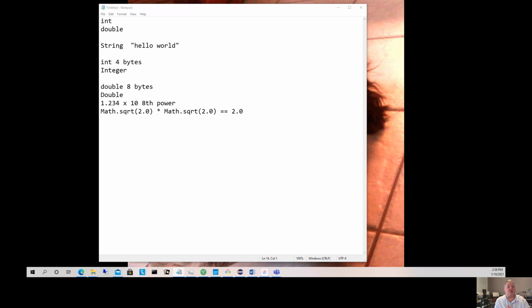Another comment about Java. Java is not an ASCII language. When we're representing characters in Java, when I look at this hello world up here, those are not ASCII character representations inside the Java language. Java is a Unicode language.